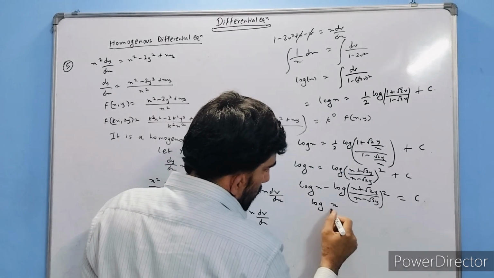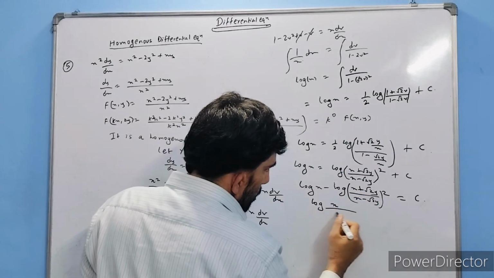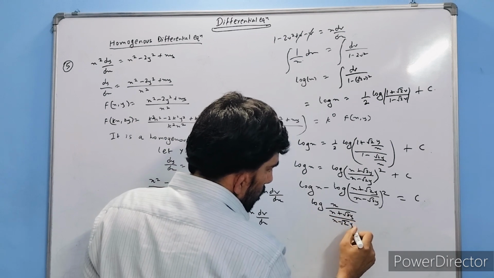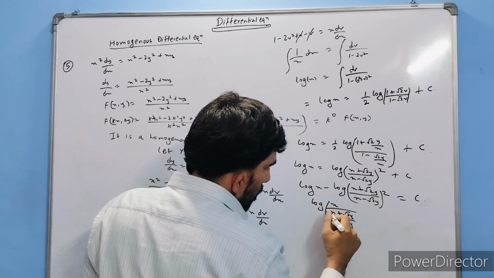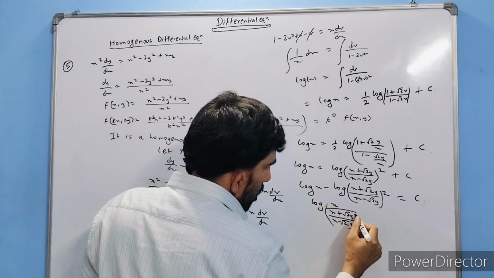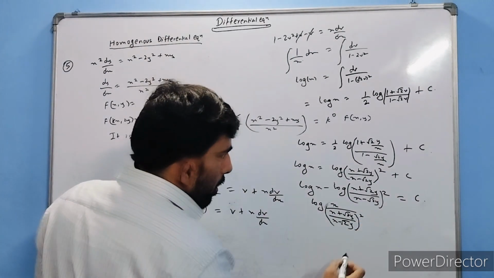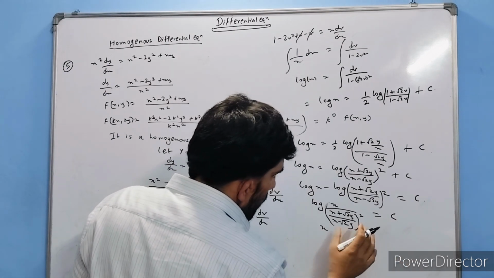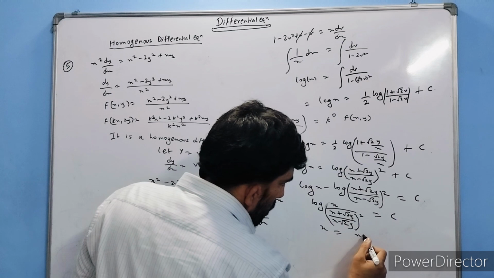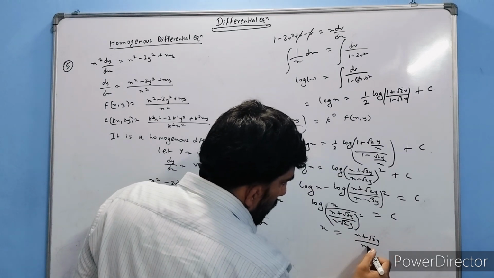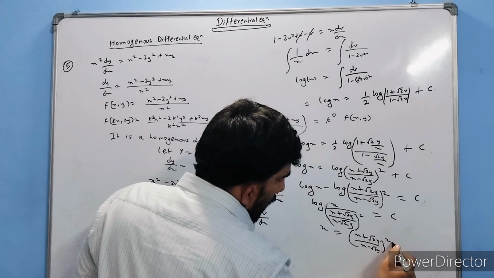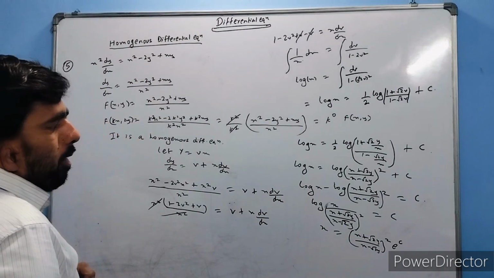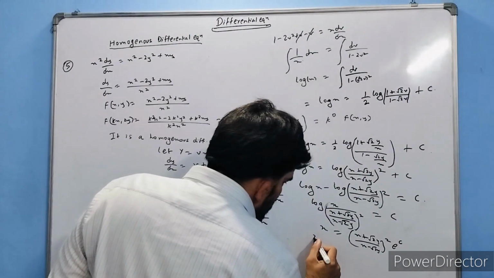So we have log of x upon the whole expression is equal to c, or we have x is equal to e raised to the power c times (x plus root 2 y) upon (x minus root 2 y) whole square. Okay, so that is how we can easily find its solution here.